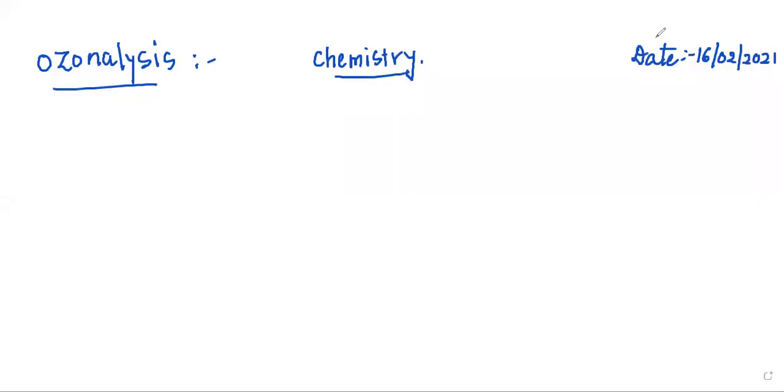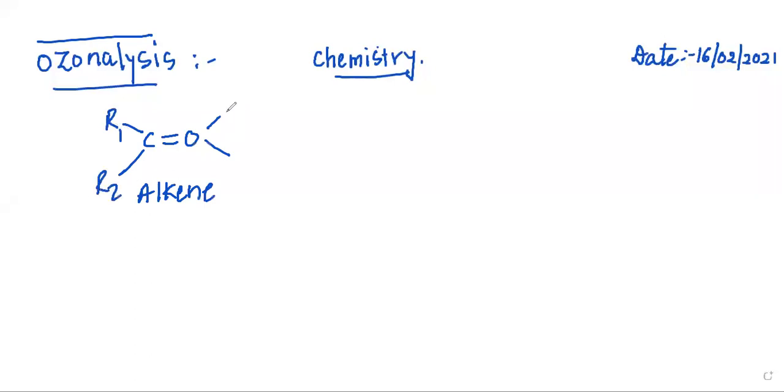Today we want to study the process known as ozonolysis. In this process of ozonolysis, what happens generally? We take an alkene. This is your alkene. This alkene may have various four groups, R1, R2, R3 and R4, bonded to it.